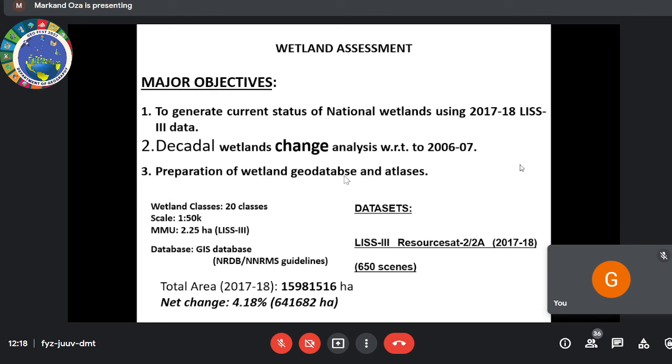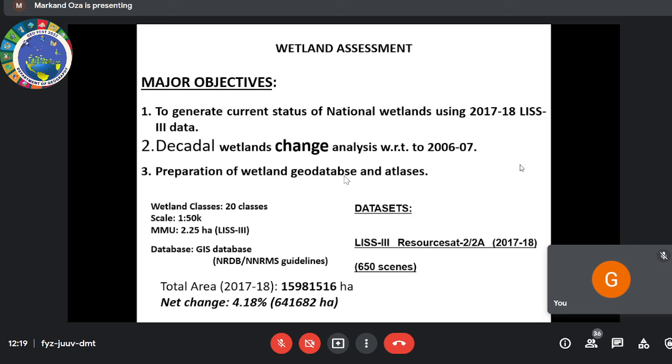Now, this task was given to Space Applications Centre to quickly give first the number of water bodies or wetlands. So basically what it meant was you take high resolution data of entire India in a particular year. In this case, it was 2006-7. How many water bodies?